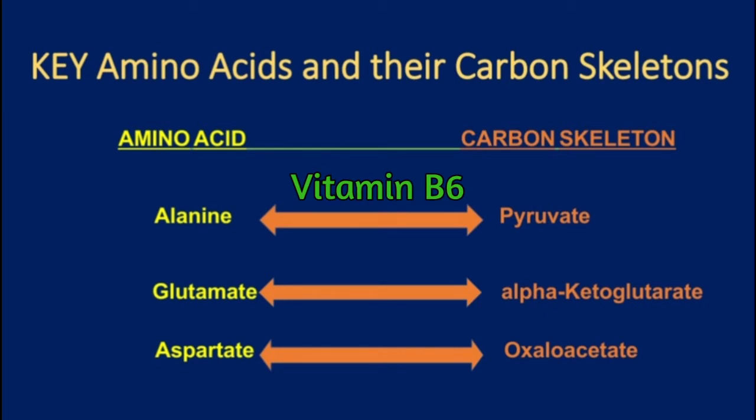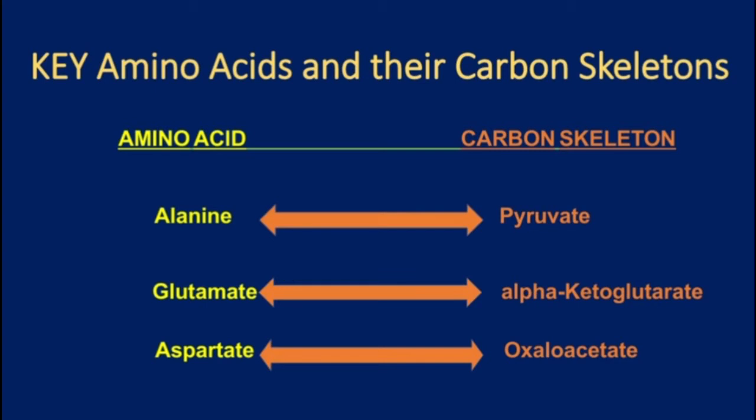The second amino acid is glutamate, and the carbon skeleton derived from glutamate is alpha ketoglutarate. Glutamate can be metabolized in one of 3 distinct ways: by either ALT, by AST, or by glutamate dehydrogenase.